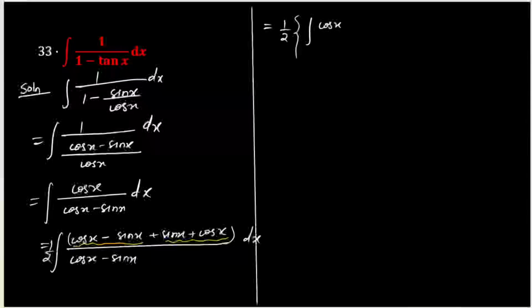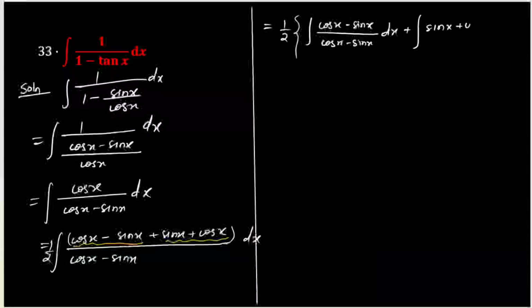So cos x minus sin x divided by cos x minus sin x dx plus sin x plus cos x divided by cos x minus sin x dx. Here 1 by 2 and this is cancelled.